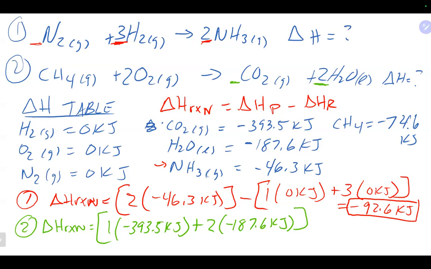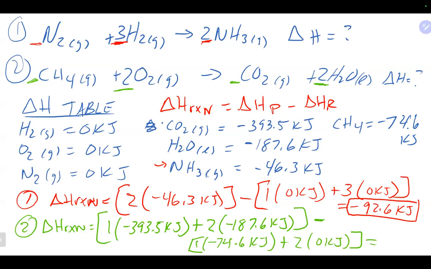So on the reactant side, I'm going to subtract and then write it underneath. For our CH4, there's 1 times the value of CH4, which is minus 74.6 kilojoules, plus 2 oxygens, each has 0 kilojoules. And that is pretty much all of our reactants.